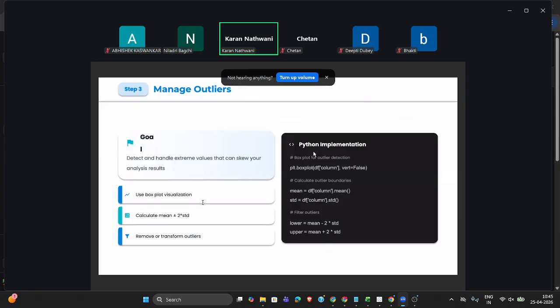Anything outside this range comes in the category of outliers. This gives you the range of minimum to maximum. If anything exists beyond that, it is said to be an outlier.